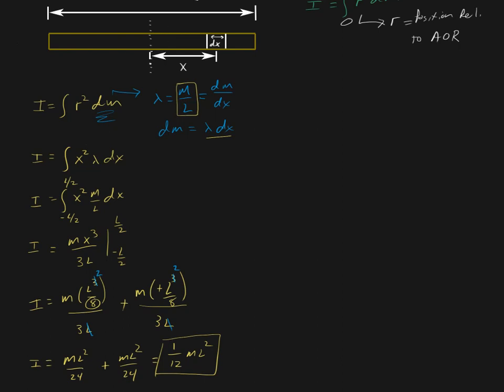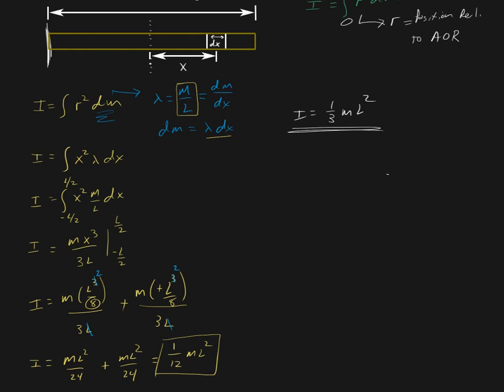Now, we've also learned last year that if I take this axis of rotation and I shift it from the center all the way out to the very end, so that now my axis of rotation is here, that moment of inertia should be equal to 1/3 ml squared.